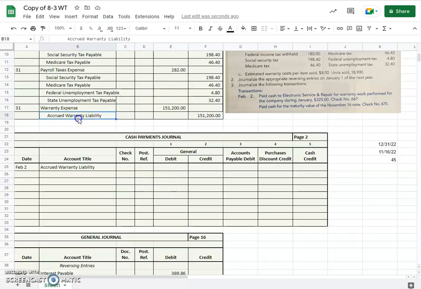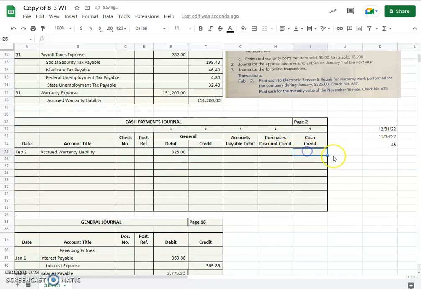So now we're just going to take some of that accrued warranty liability that we had as a credit before, and we're going to use part of it, and we're going to debit for $325. And then our cash that we paid it is $325. Fairly simple. Check number 667.